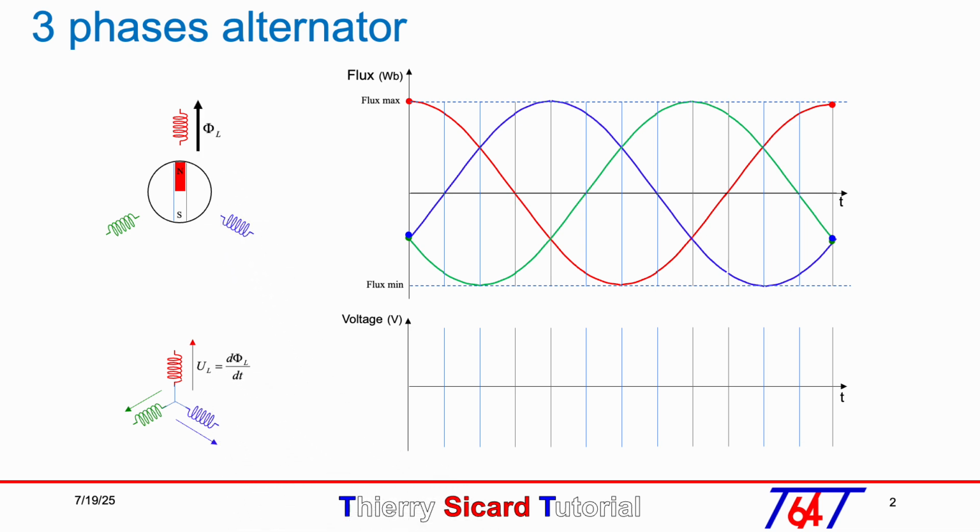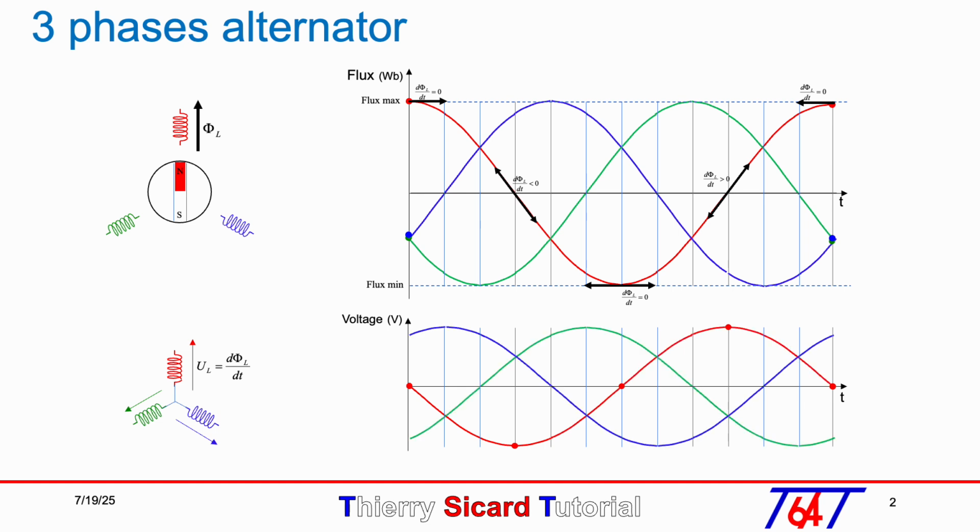We can therefore place a red dot on the voltage plot corresponding to each derivative of the magnetic flux, as shown. We perform the same operation with the other coils to obtain the voltage across each inductor, providing the three sinusoidal voltage sources.